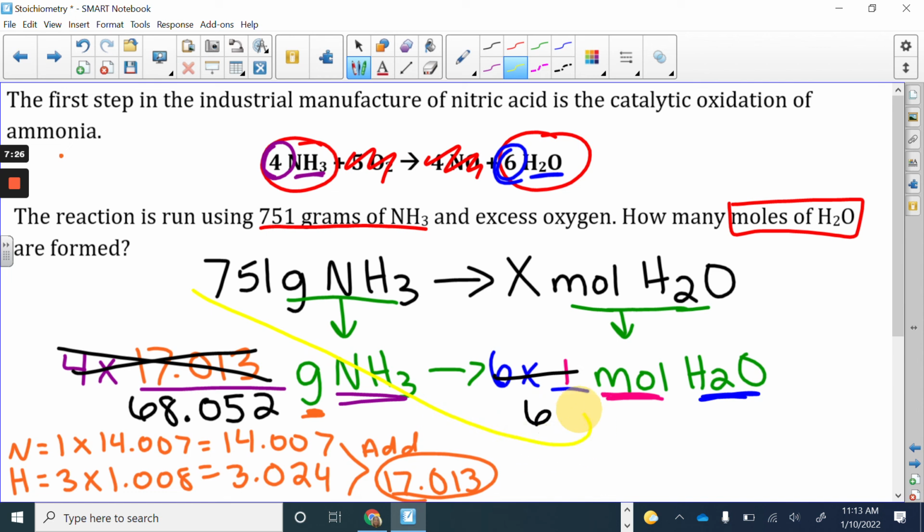Now we cross multiply. So whatever's in the circle, we multiply together, divided by the number that's out here. And so we get 66.2 moles H2O.